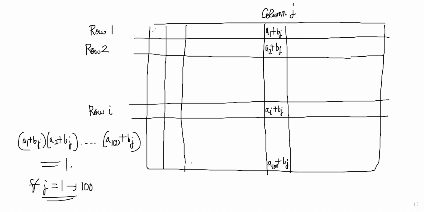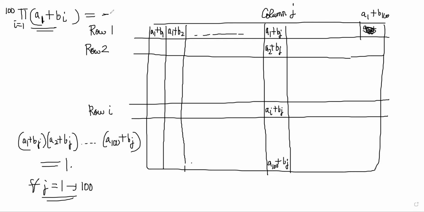So what is that? We have row 1 will be A1 plus B1, then A1 plus B2, and the final term here will be A1 plus B100. So we have to figure out the product of (A1 plus Bi), where i goes from 1 to 100, right?